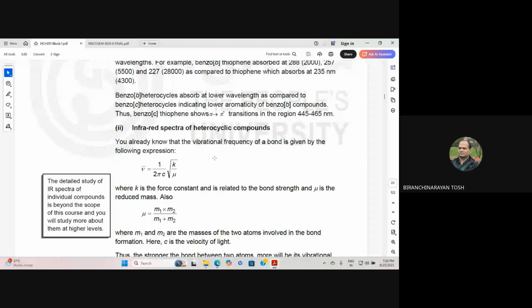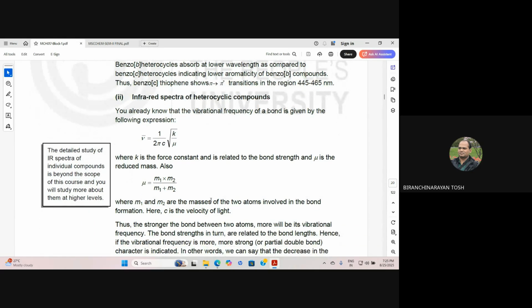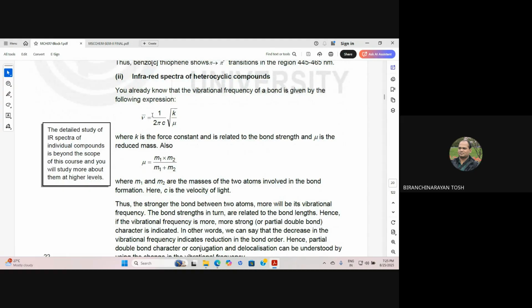Here is Hooke's law, from which we derive the vibrational frequency, 1 by 2 pi c root over k by mu, where k is the force constant, related to the bond strength, mu is the reduced mass, m1 m2 divided by m1 plus m2, and c is the velocity of light. Putting in the value of the force constant or bond strength, we can find the vibrational frequency.